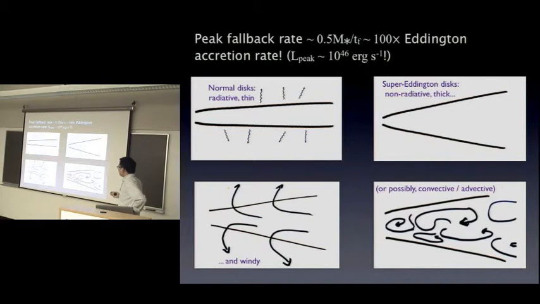It also tends to generate a lot of wind loss from the disk surface. And the main cooling mechanism is probably advection in the radial direction of the disk. So those characteristics of accretion phases have to be kept in mind when we talk about modeling of TDEs.